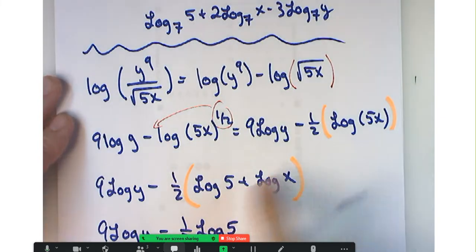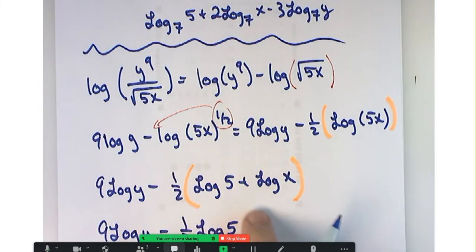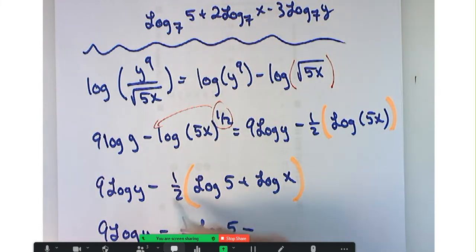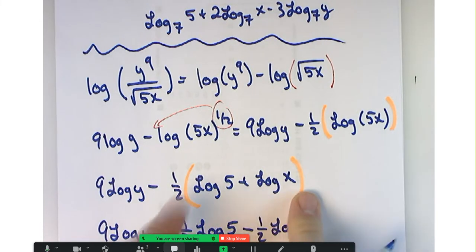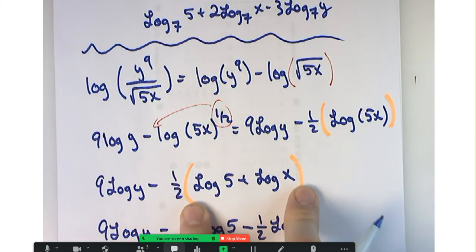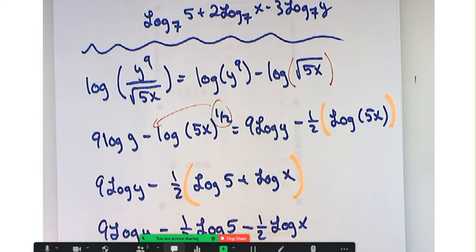But initially, without the parentheses, I just had plus log of x. It should be minus 1/2 log of x. In other words, that minus 1/2 has to distribute itself to both terms. So you can either write it with parentheses, and that's fine, or without parentheses, and that's fine. You just got to distribute that negative 1/2 to both terms.